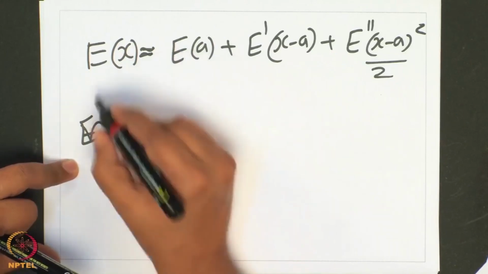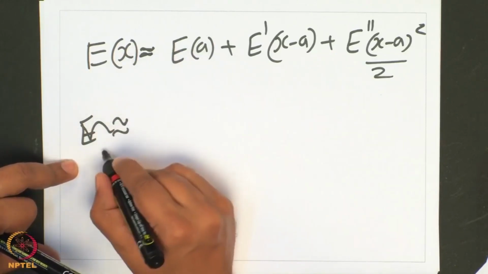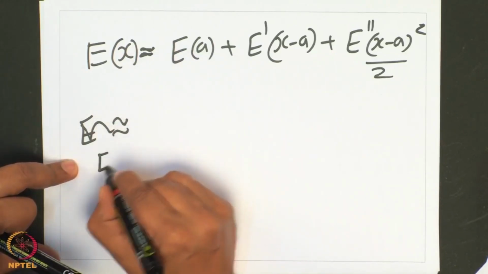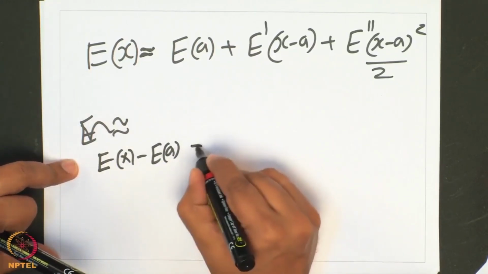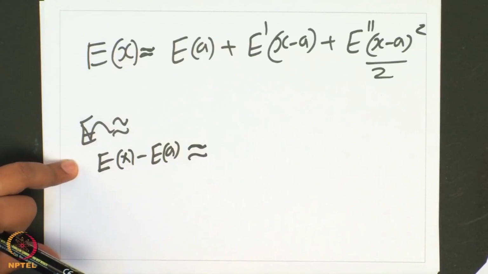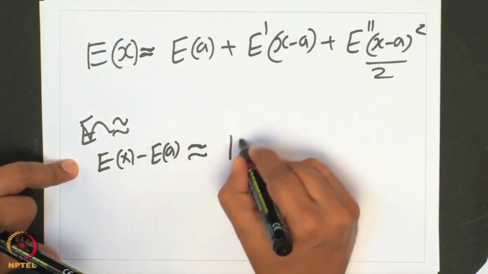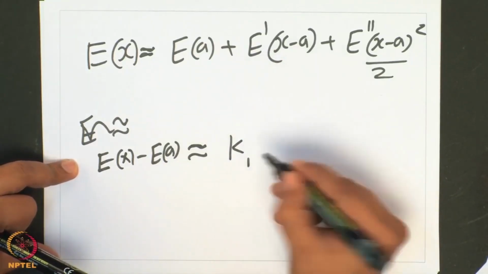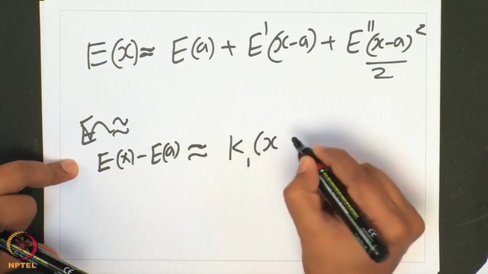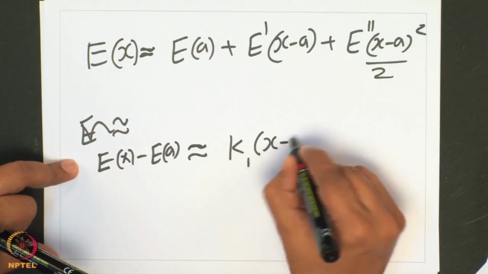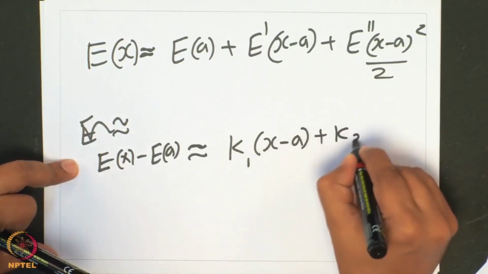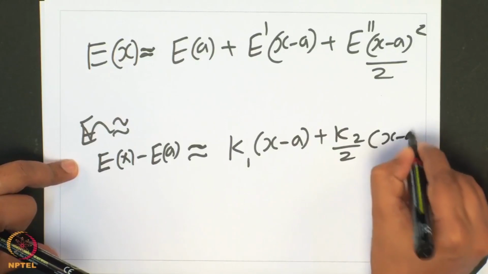So I can take this and write E of x minus E of a, the change in energy, approximately equal to the first derivative, which is some constant, let me call it k1, times x minus a, plus k2 by 2 times x minus a whole square.